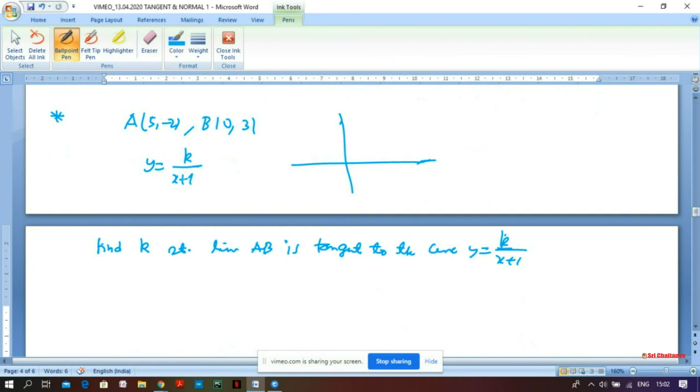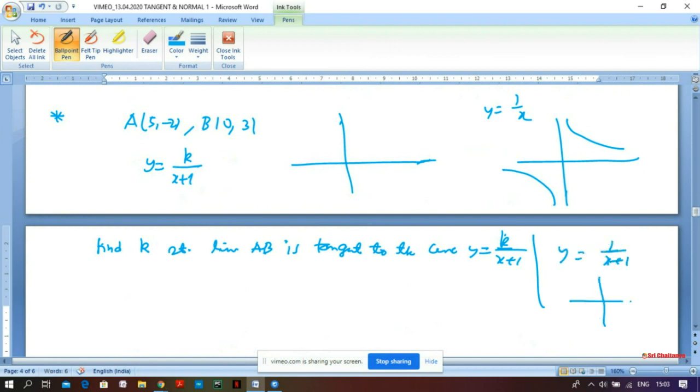Now one can draw the graph of y equal to k by x plus 1, but it does not matter. For the sake of completeness, let me do it. The curve y equal to 1 over x goes like this. Now if you talk of y equal to 1 over x plus 1, then this just changes.